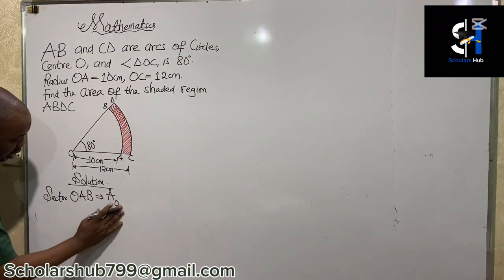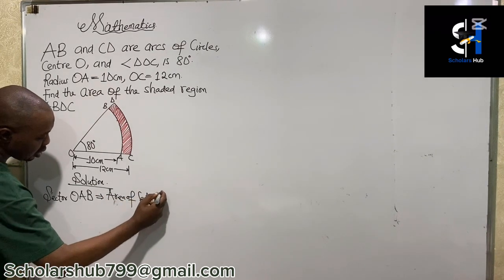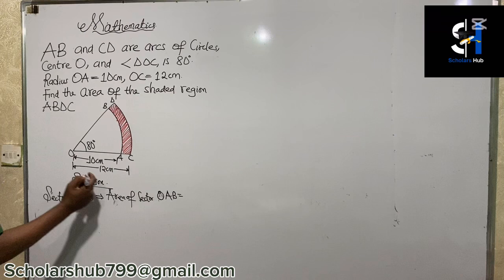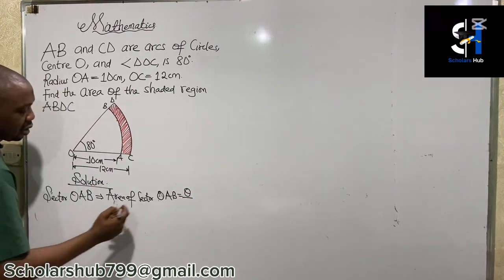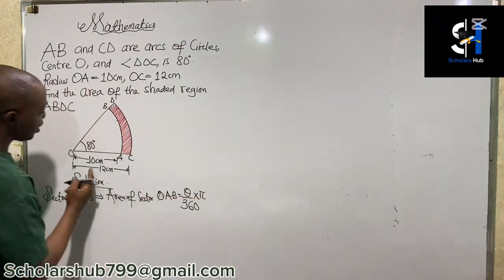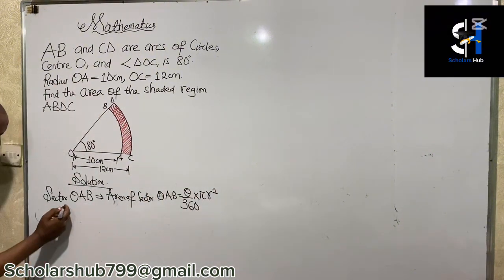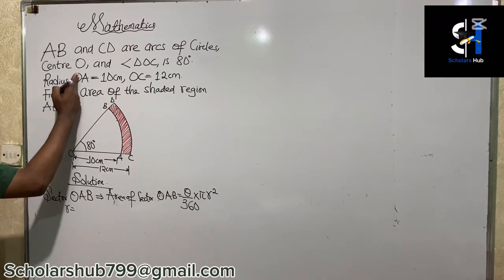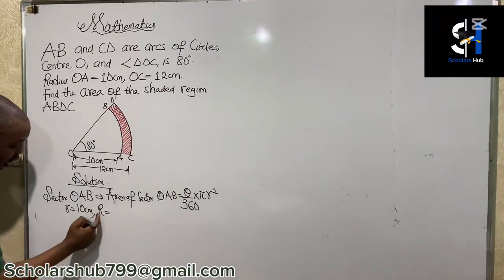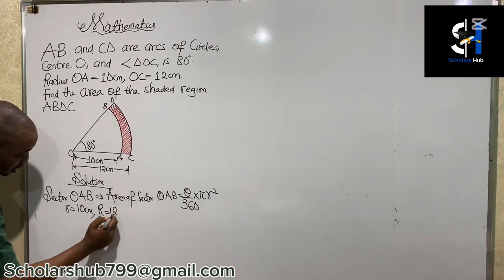The area of sector OAB is theta over 360 degrees multiplied by pi r squared, where small r represents OA, which is 10 centimeters, and big R represents OC, which is 12 centimeters.